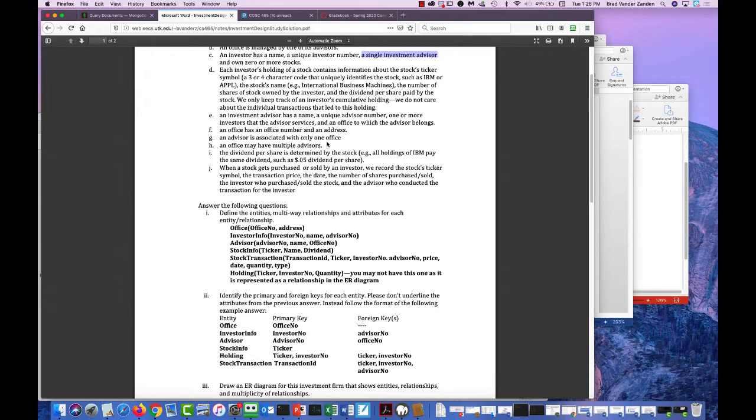Back here we said that an office may have multiple advisors, but an advisor is associated with only one office.